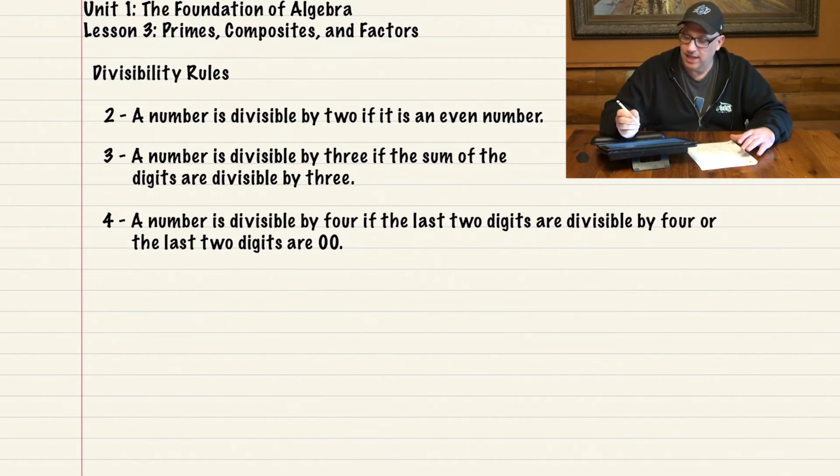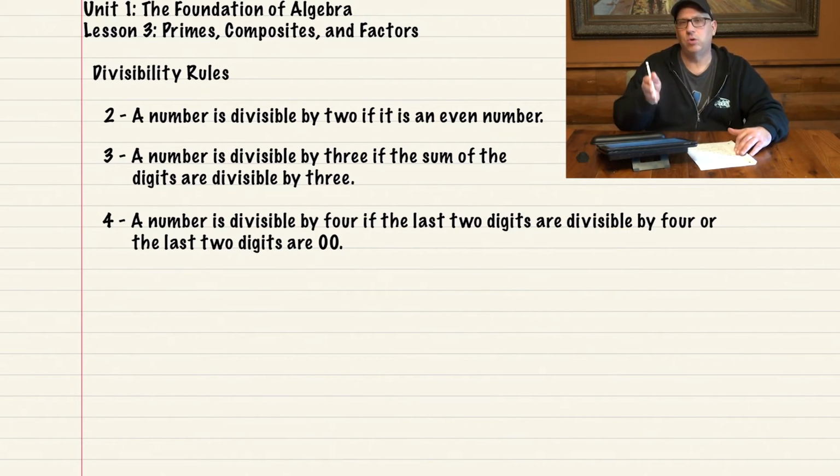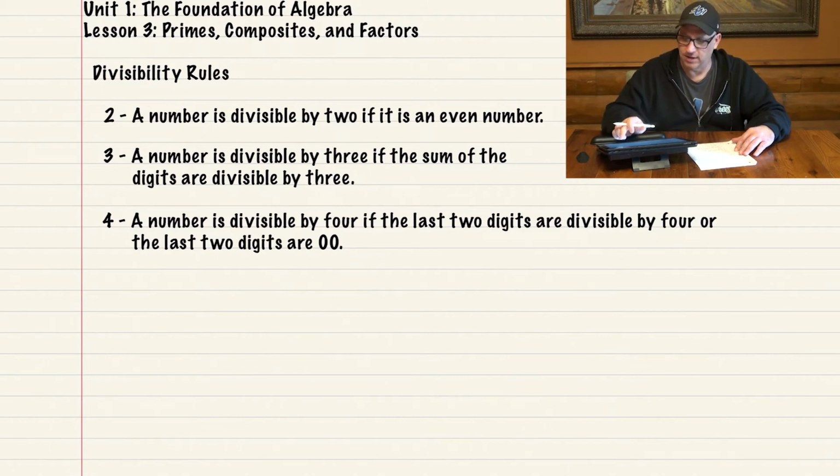First of all, the last 2 digits, it's not necessarily helpful if you're talking about a large number like 96. 96, by the way, is divisible by 4, but you don't necessarily know that off the top of your head. But if you had a number like 148, you know that 48 is divisible by 4, so 148 is. And then if you have a number like 500, it ends in 2 zeros, that's divisible by 4. That's where I think it really is kind of handy.